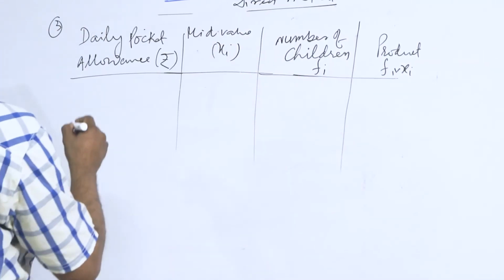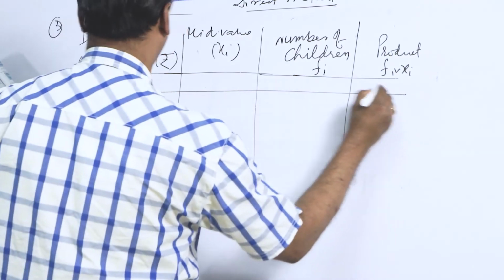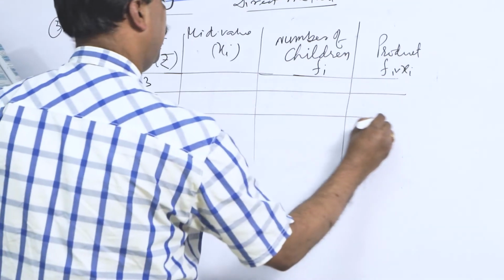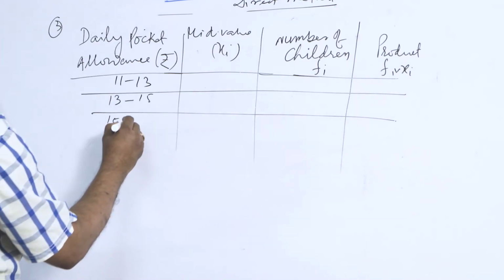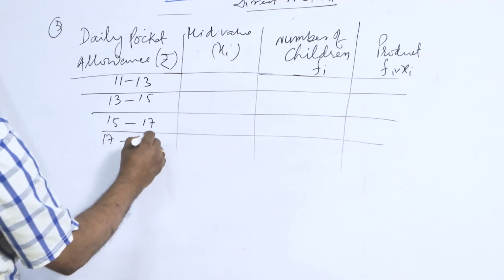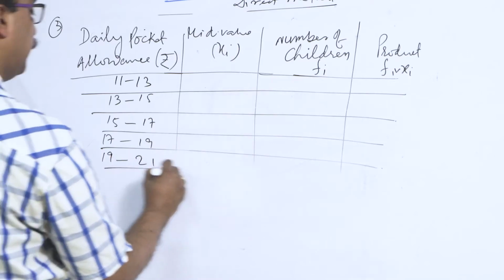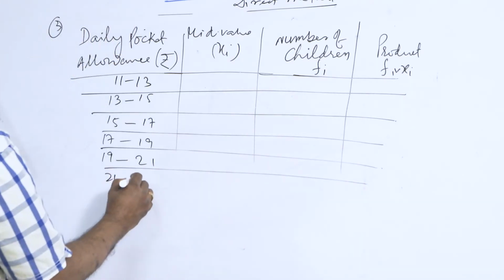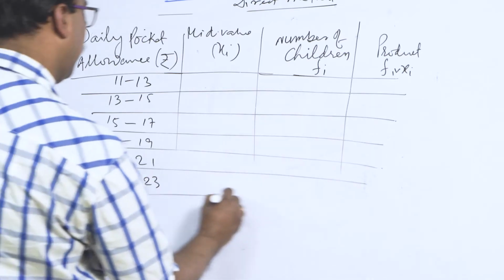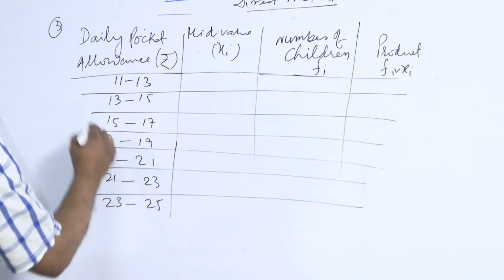Now write the values: 11 to 13, then 13 to 15, then 15 to 17, then 17 to 19, then 19 to 21, then 21 to 23, then 23 to 25. They are given this much.